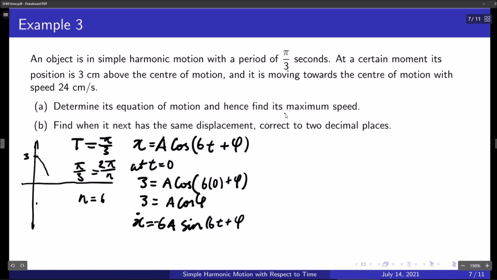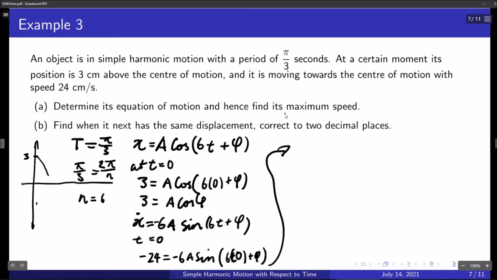And then where t equals 0, the velocity is negative 24. So negative 24 equals negative 6a sine of 6 times 0 plus phi. So what we end up with is, negative 24 divided by negative 6, 4 equals a sine phi.